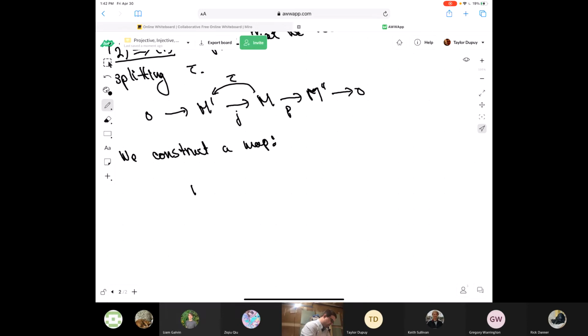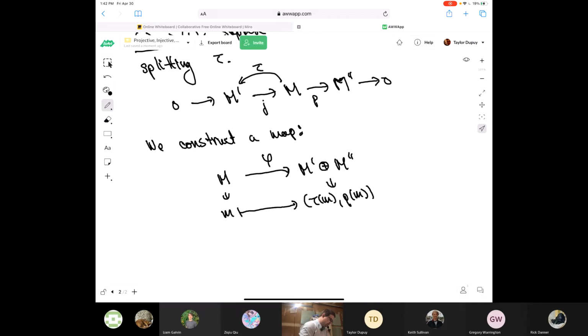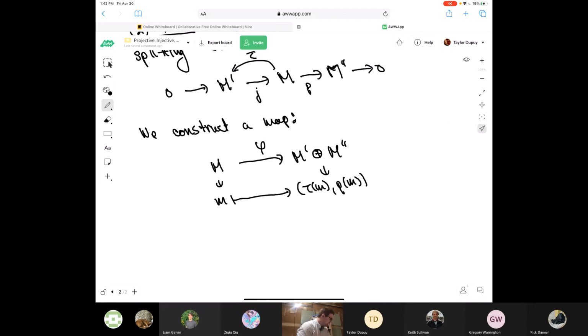Here we're going to do M to M prime direct sum M prime prime. This is going to be phi, and here we take M, and it goes to tau of M, P of M. This is our map, and we claim that this is an isomorphism.